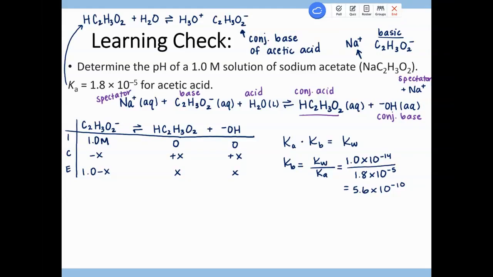So now we can say that Kb equals the concentration of products over reactants at equilibrium. And at equilibrium, the concentration of the products are each x, and the reactant is 1 minus x. So that will be x squared over 1 minus x.